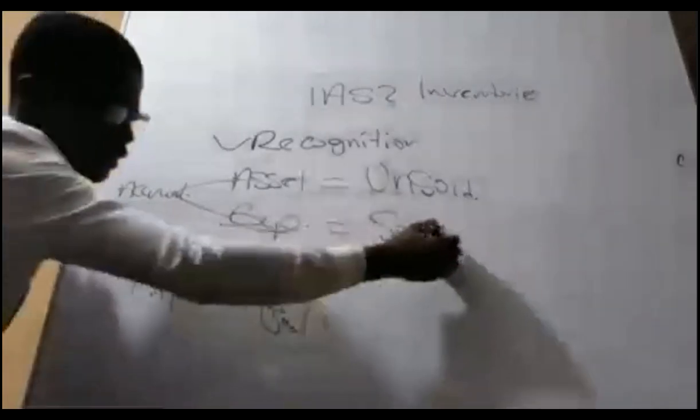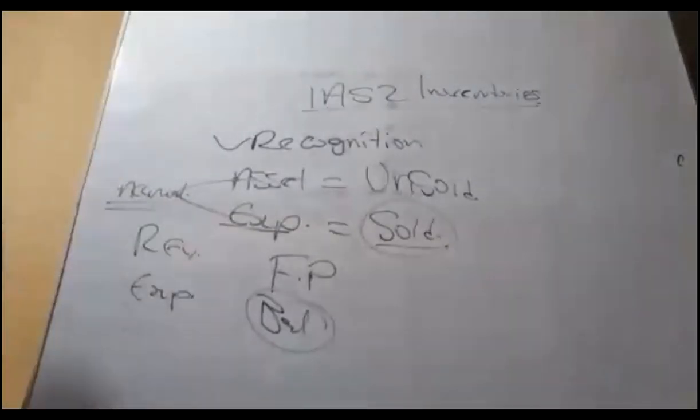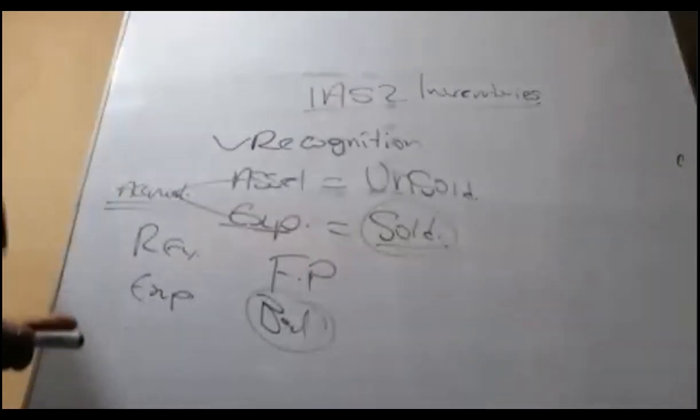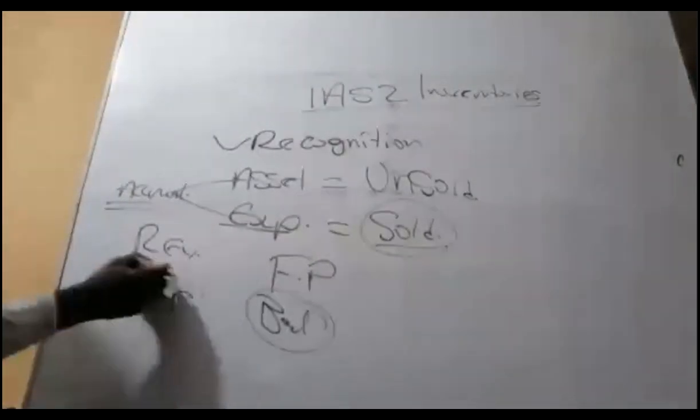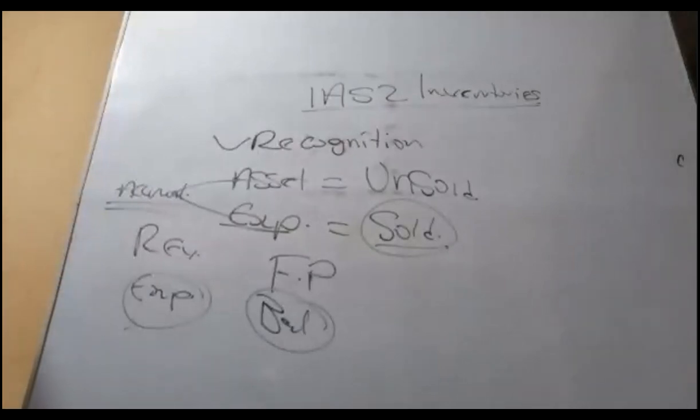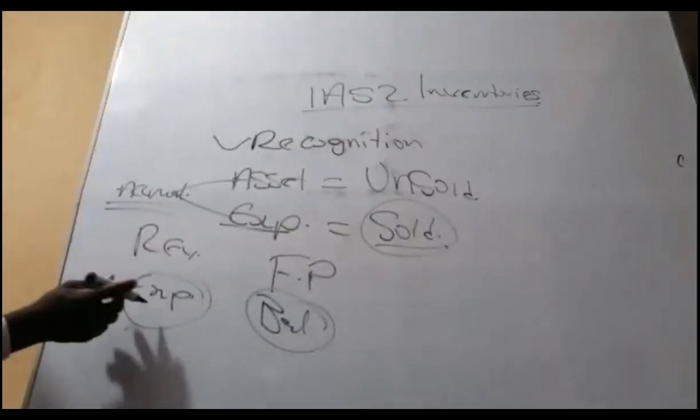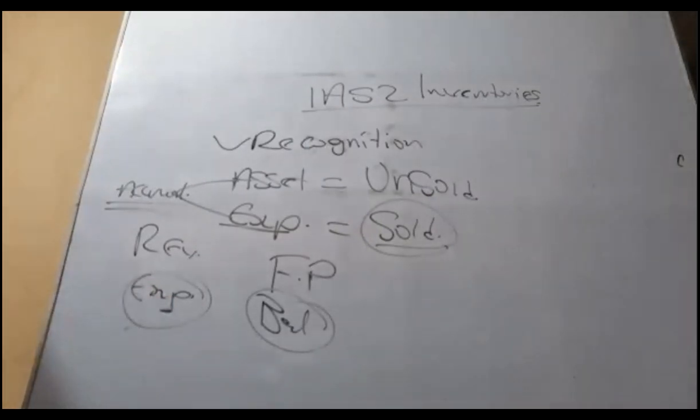So the cost of the inventory must be treated as an expense because it has been disposed of, and it becomes part of the cost of sales. That's why you see opening inventory added to cost of sales, because of the accrual concept.